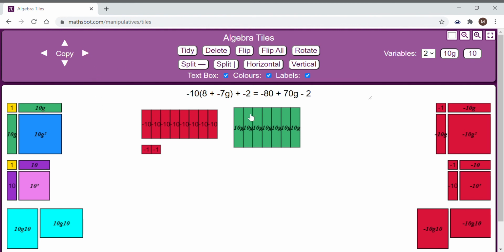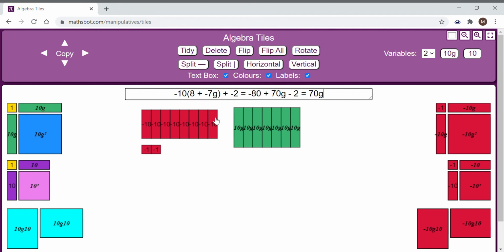And you'll notice that right now we have 10, 20, 30, 40, 50, 60, 70g. And then negative 10, negative 20, 30, 40, 50, 60, 70, 80, negative 81, and negative 82. So our final answer, after we simplify our original expression, is going to be 70g minus 82.